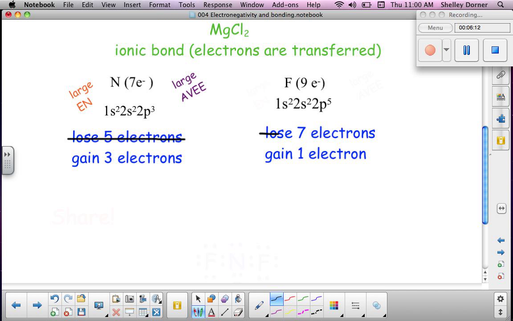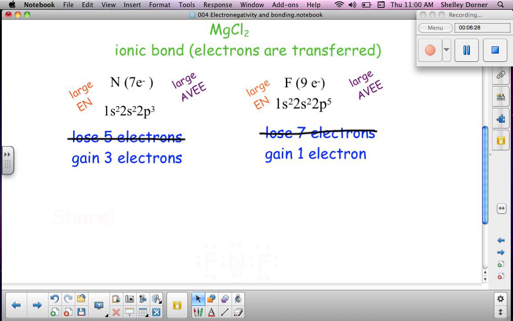Gaining 1 electron certainly seems like an easier task, and this is supported by fluorine's large average valence electron energy, saying that it does not want to lose 7 electrons, and by its extremely large electronegativity, saying that fluorine is more than capable of attracting valence electrons from other atoms. This time it doesn't look like we have a match made in heaven. We have a situation where both elements want to gain electrons and neither element wants to lose electrons.